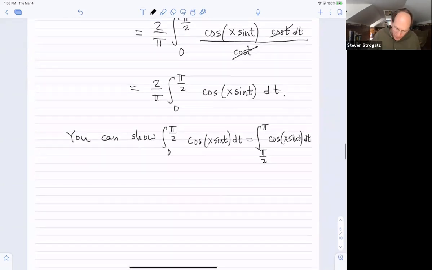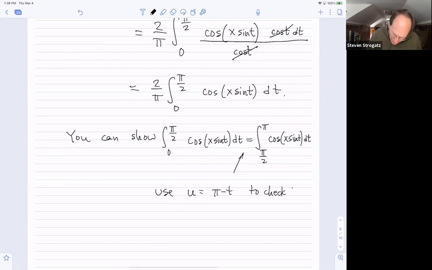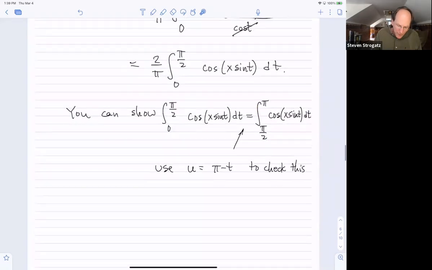You can check that if you want by using yet another substitution, u equals pi minus t. So what I'm saying is I've got two copies of this integral from 0 to pi over 2, and I can just replace one of them with this integral from pi over 2 to pi.